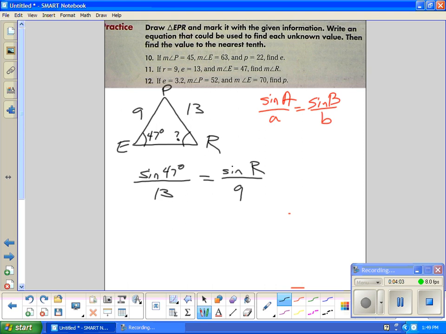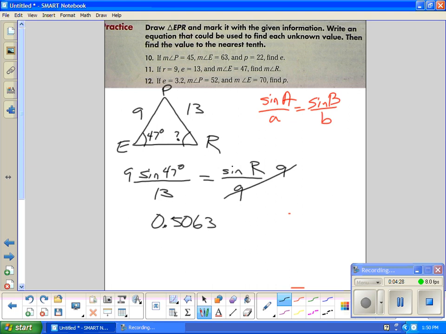And this is where students invariably get confused. Because when I multiply by 9 on both sides here, you take this and multiply by 9. I get 9 times sine 47 over 13. All right? And when I do that, I get 0.5063.